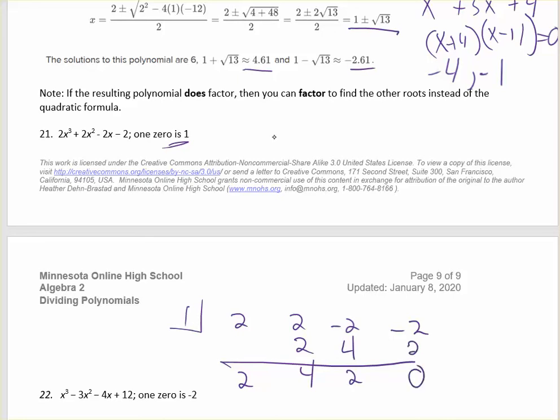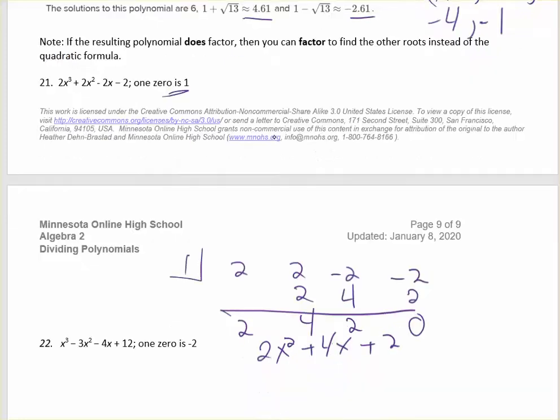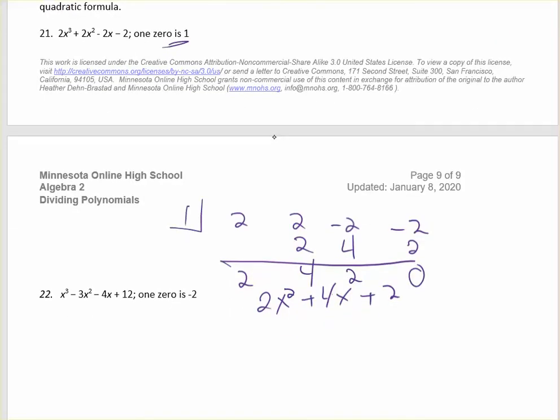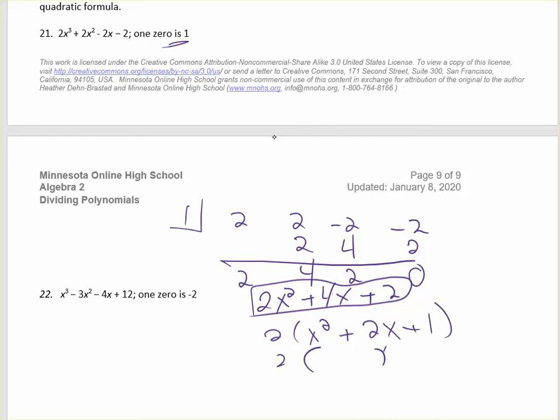Yep, so that's 0. So this resulting polynomial would be 2x squared plus 4x plus 2. You can factor out a common factor of 2. Let's do that. That'd be x squared plus 2x plus 1.